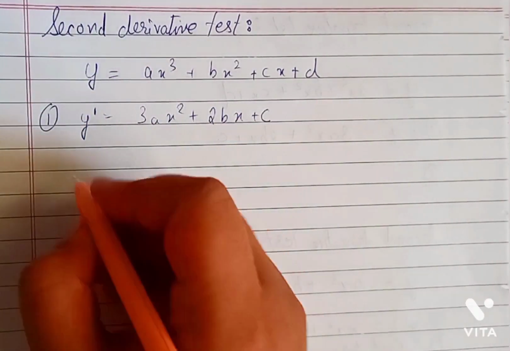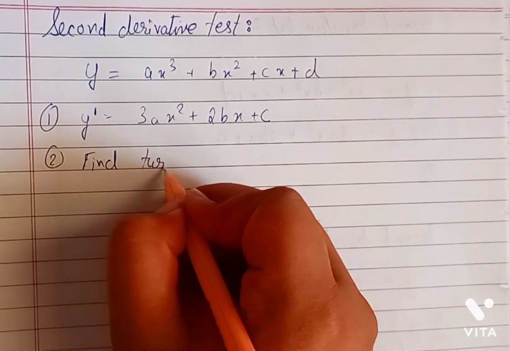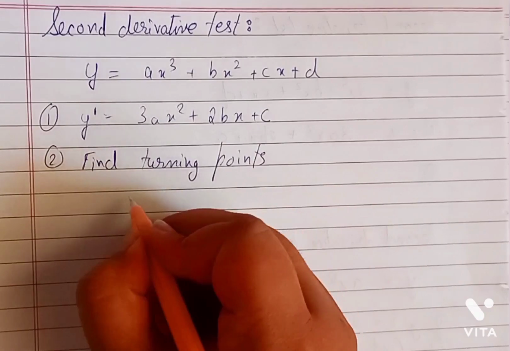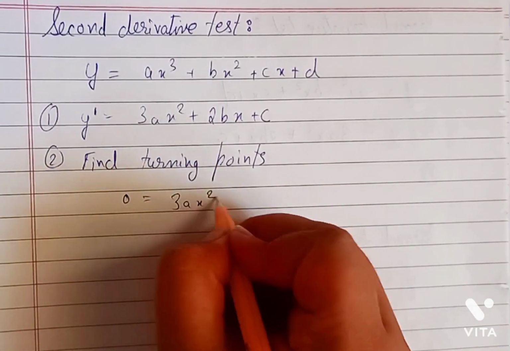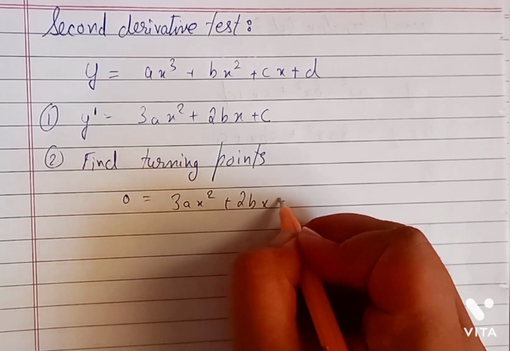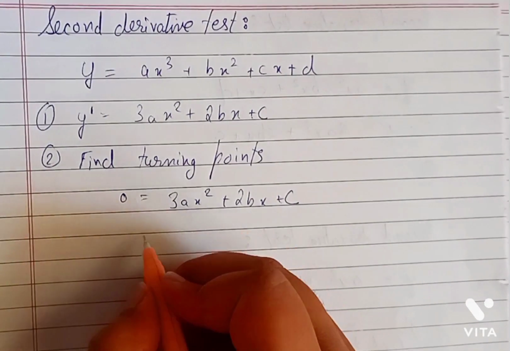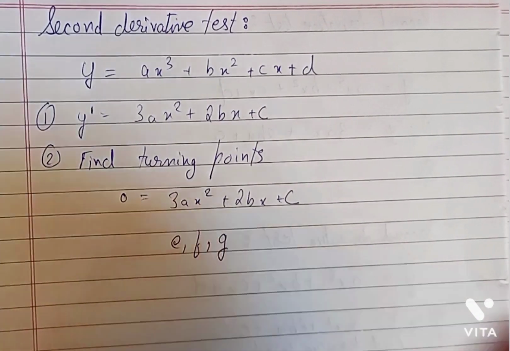Next, find the turning points. How? You will put y dash equal to 0, that is 0 equals 3ax square plus 2bx plus c. From here you will get your turning points. Now suppose that I got turning points as E, F and G.